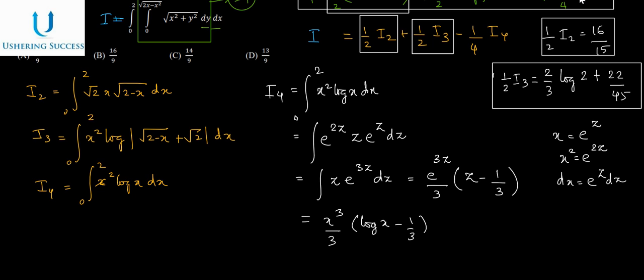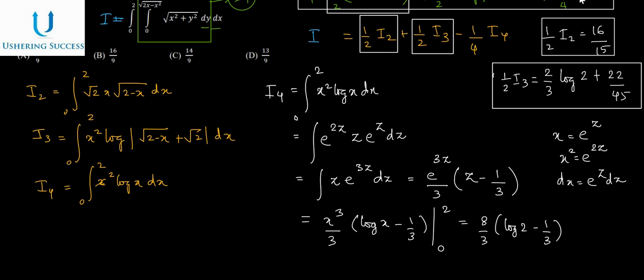So this will become 0 to 2 range. So this will become equal to, for x equal to 2, this would be 8 by 3 log 2 minus 1/3, and for x equal to 0 this becomes 0. So this is 8 by 3 log 2 minus 1/3.